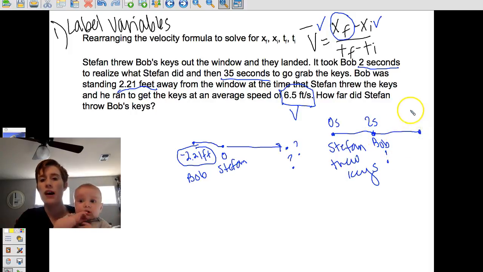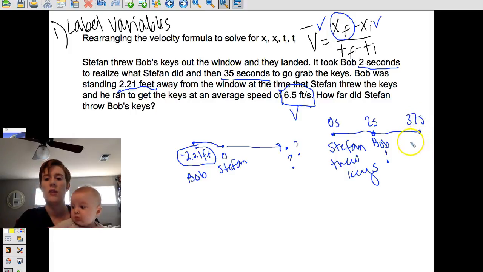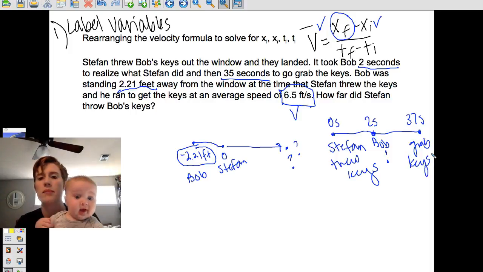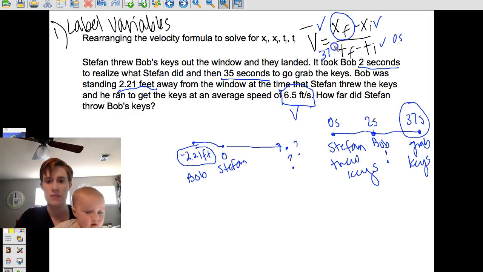Okay, 35 seconds later, which means this is now 37 seconds total, Bob grabbed the keys. So what was Bob's initial time? 0 seconds, right? What was his final time? 37 seconds. So we have everything in our formula except what? The only thing we don't have is final distance.